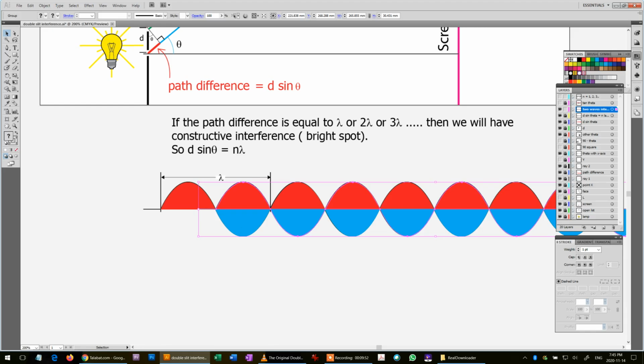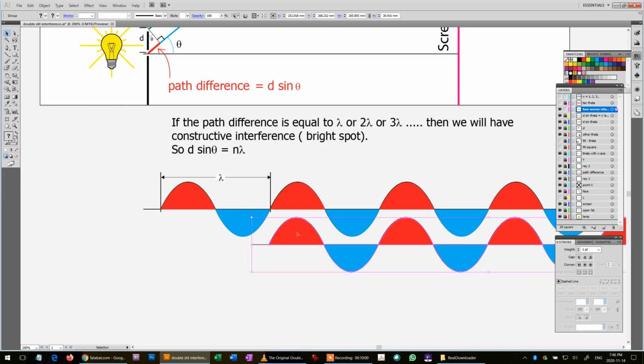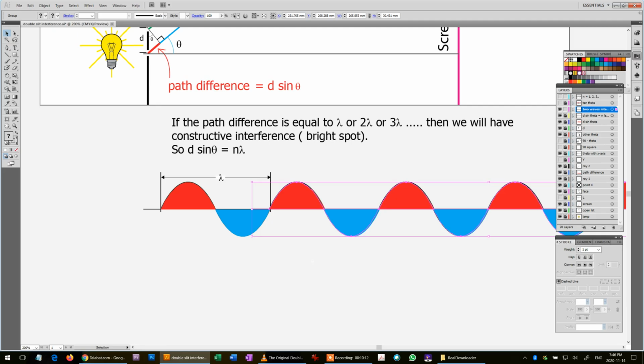We can't see anything. Now, if we keep shifting our second wave, and the shift is lambda, you see this is the shift. So the path difference is lambda, then I will have constructive interference.